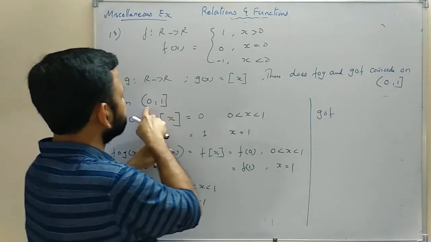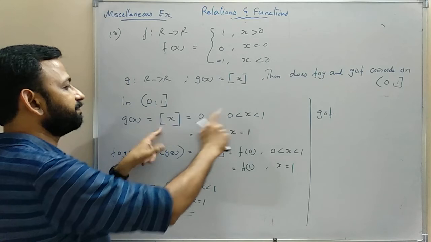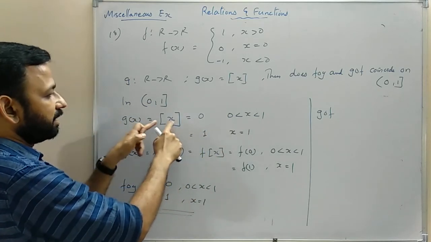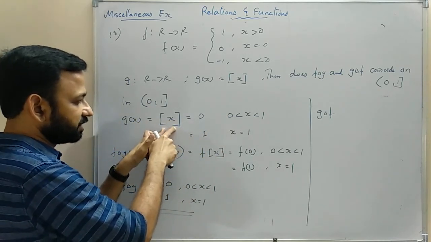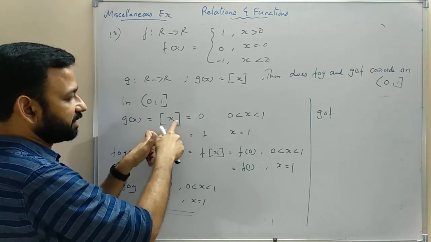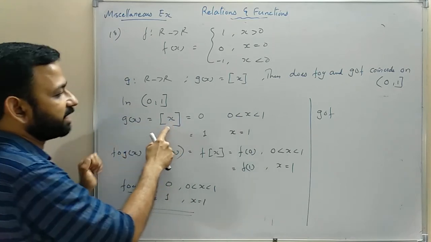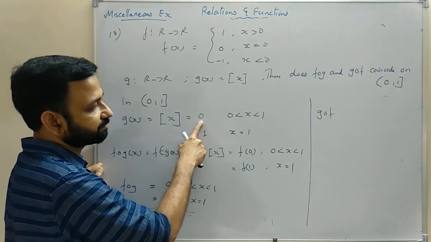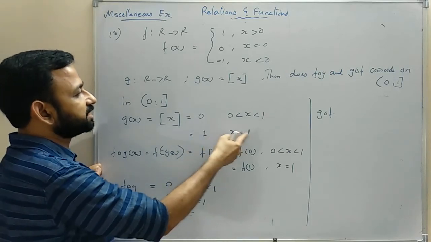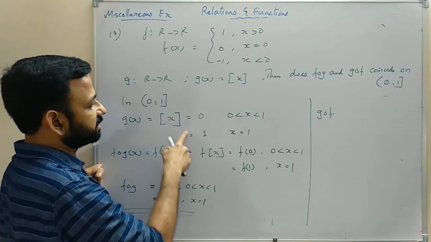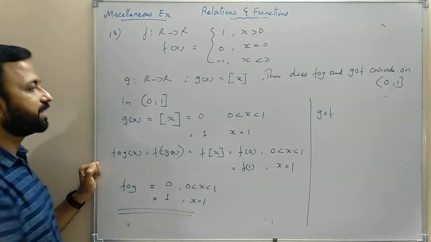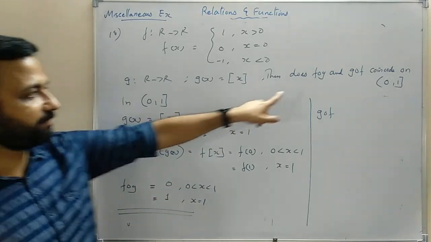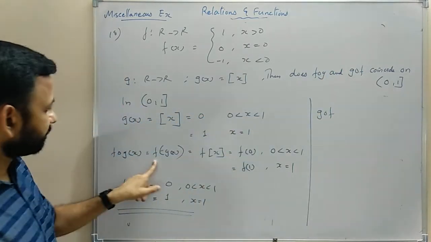So for x between 0 and 1, less than 1, the greatest integer less than or equal to x is 0, and when x is equal to 1, it is 1.